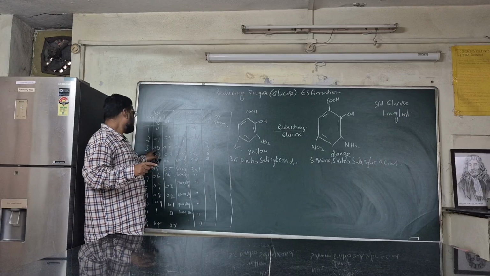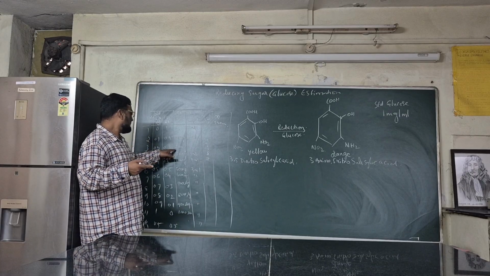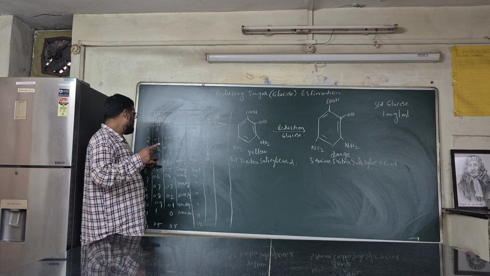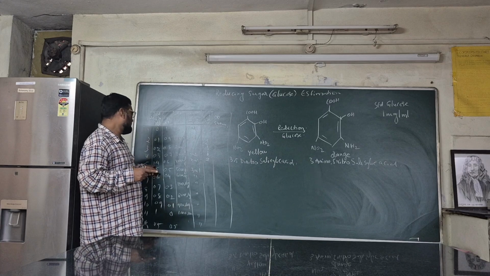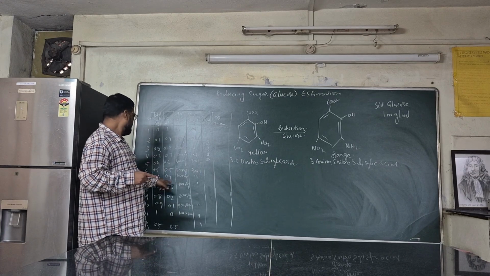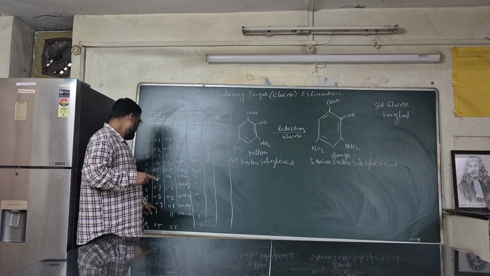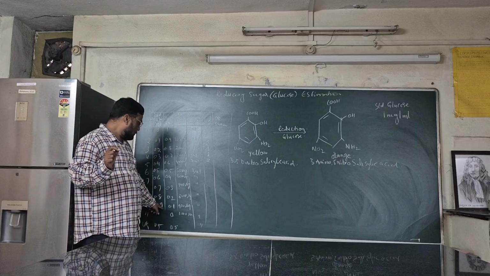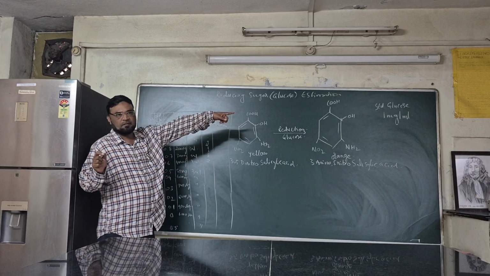So 0.2 ml of standard glucose makes 200 micrograms. 0.3 ml makes 300 micrograms. 0.4 ml makes 400 micrograms. 0.5 is 500, 0.6 is 600, 0.7 is 700, 0.8 is 800, 0.9 is 900, and 1 ml of standard glucose without water makes 1000 micrograms.